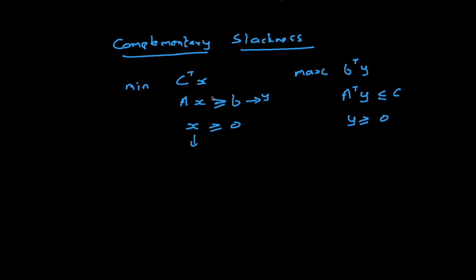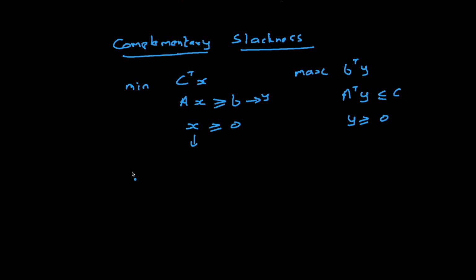Okay, so this is the complementary slackness. It says basically that if the variable y for a corresponding constraint takes the value greater than 0 in my optimal solution, then in that corresponding solution this inequality will be satisfied at equality, right?